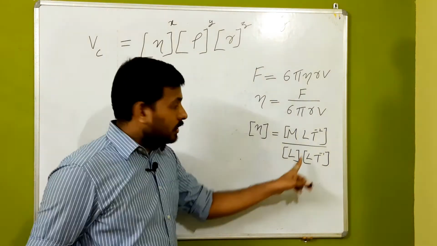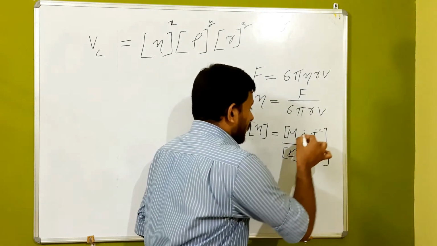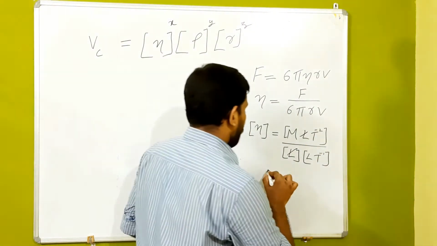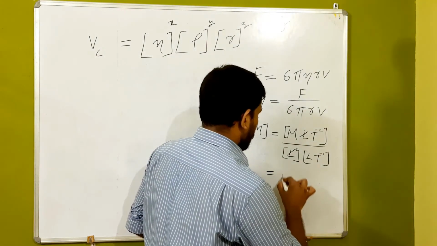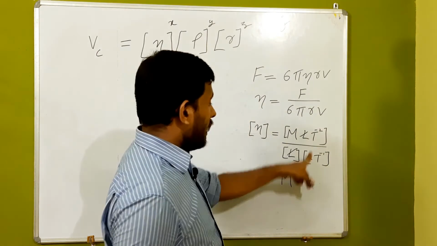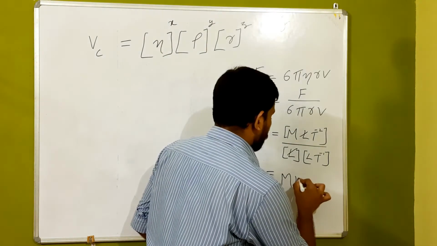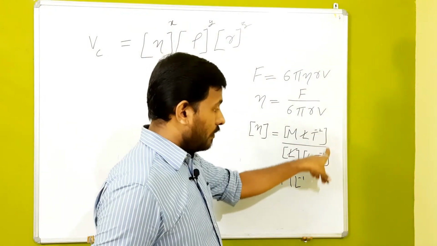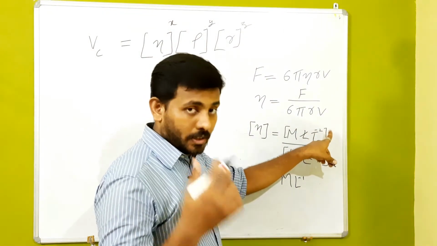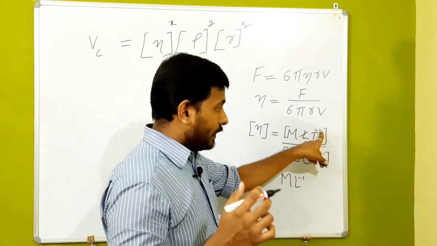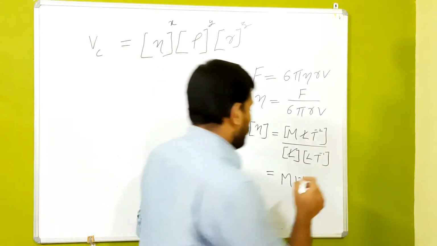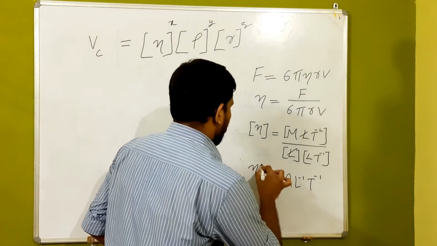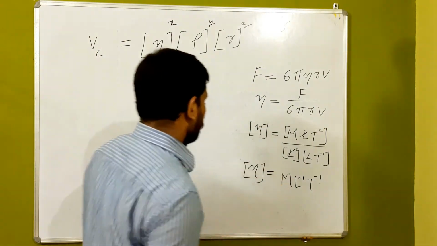So this L and L cancel, and what we have here is M, L raised to minus 1, and this T raised to minus 1, when it goes up it becomes T raised to plus 1, and T raised to minus 2 plus 1 is T raised to minus 1. So this is the dimension of the coefficient of viscosity.